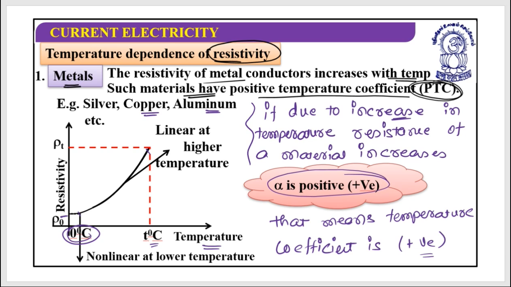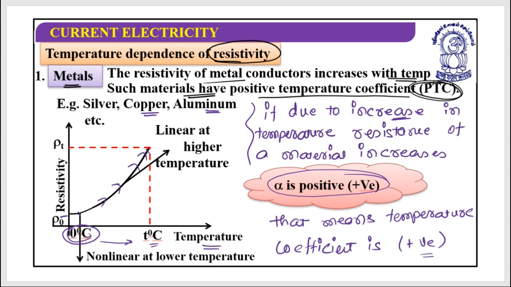But even if you don't remember linear, non-linear, don't worry. You just need to remember that as temperature increases, my resistivity is increasing. Let's have a look. Yes, this is the case. So as soon as temperature increases, for metals, I repeat, for metals, my resistivity always increases.